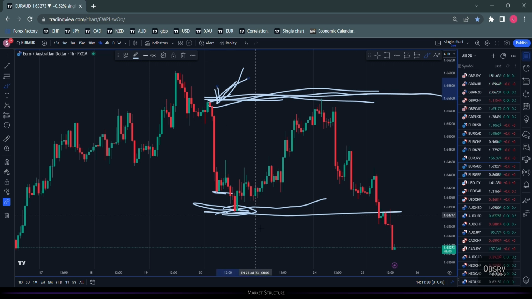Now, as it's come down, how much time did it take to come all the way down to there? It took 1, 2, 3, 4, 5, 6, 7, 8, 9, 10, 11, 12 hours. 12 hours, half a day from up there to down here. How much time is it taking to go all the way back up there? Right?